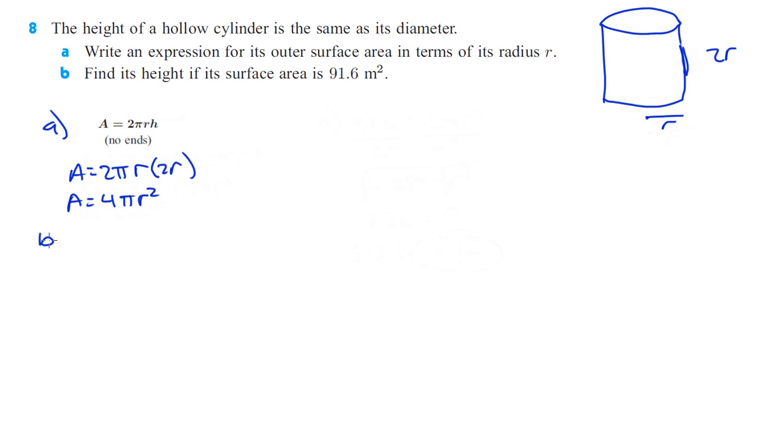Okay. Part B says find its height if its surface area is 91.6 meters squared. So now we know that the area is 91.6, and then we're going to plug that in for A, and we set that equal to 4 pi r squared. Okay, so let's just divide both sides by 4 and pi.